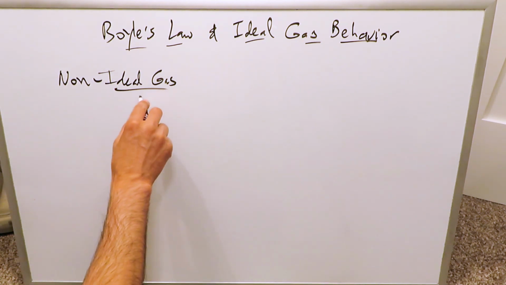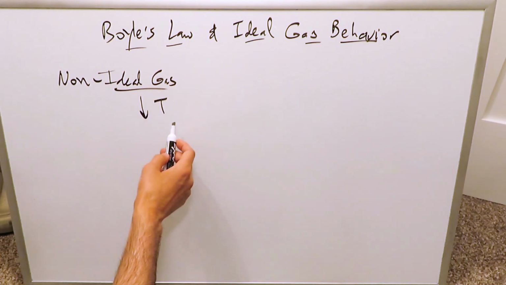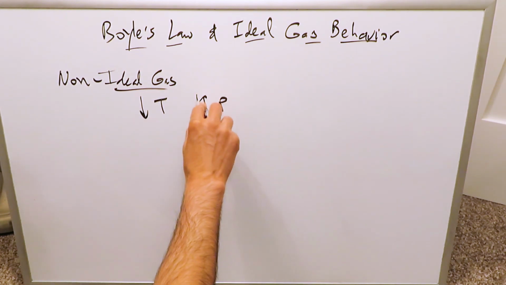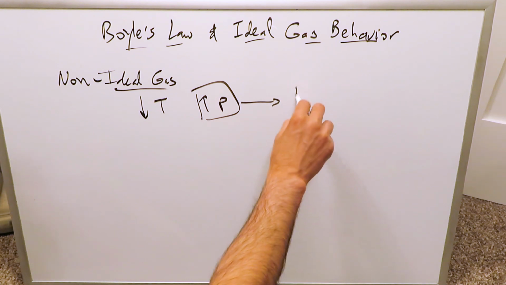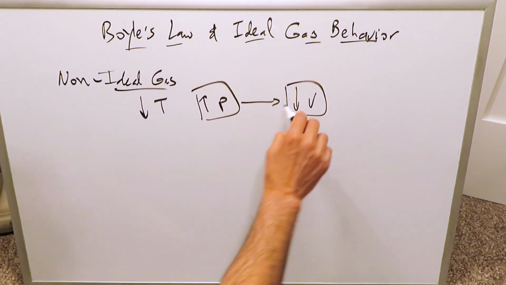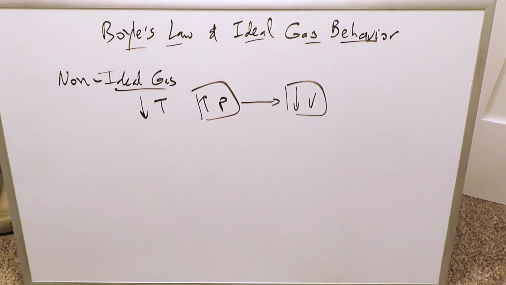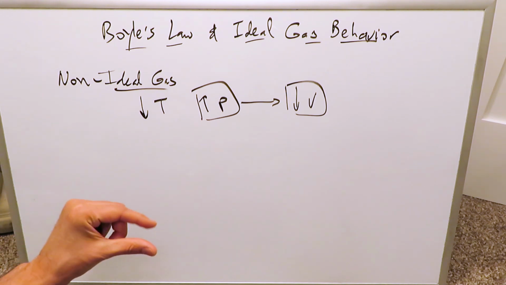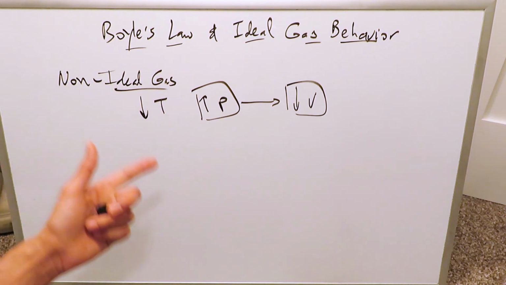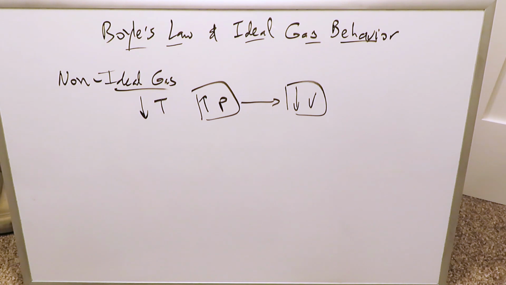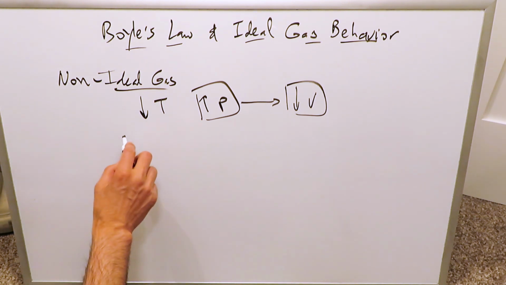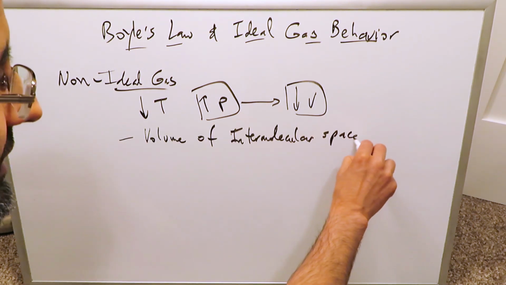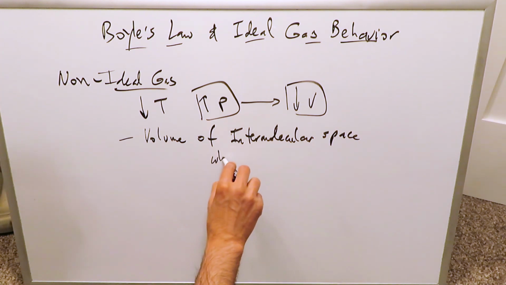In this particular situation, you're thinking and looking at a system which has low temperature but it has high pressure. But because it has high pressure, it's going to have low volume. And this right here is perhaps the most important part. You're going to have a gas which is being compressed, or a system that's compressed because of the high pressure, and there's low volume. But because of all of this, a certain number of things will happen. Volume of intermolecular space, which is small.